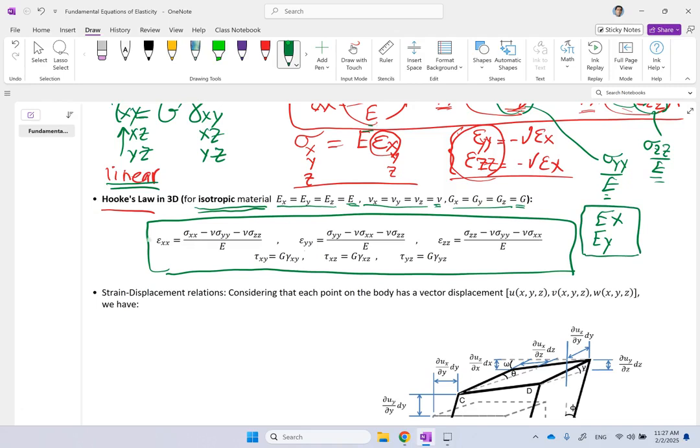Or if you 3D print a plastic, if you print a plastic layer by layer, the material is always weaker in this direction of the print than in this direction. So if you call this, for instance, EY and this is EX, clearly EY is less than EX. Okay?